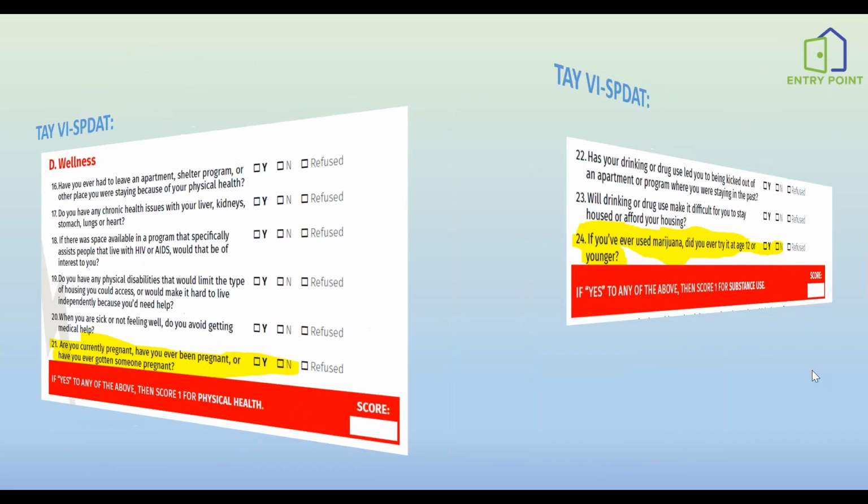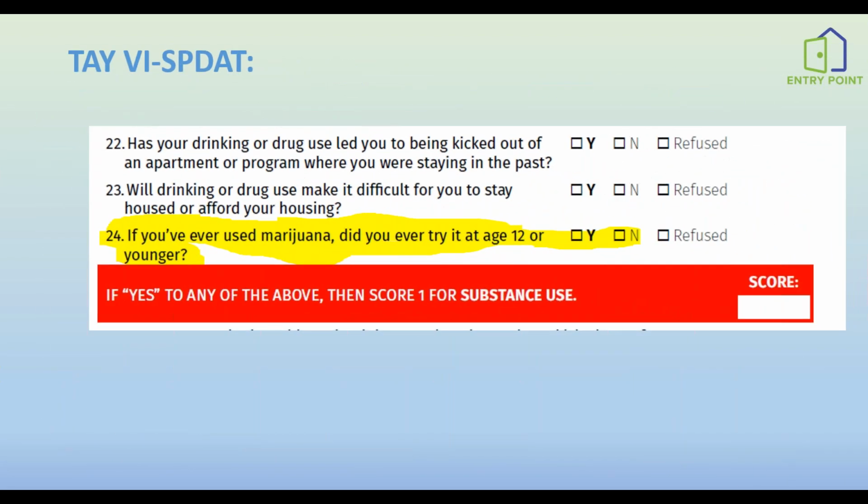There's one more question. If you've ever used marijuana, did you try it at age 12 or younger? Again, we're a harm reduction housing first organization in suburban Cook County. All of our agencies and housing programs must be housing first and harm reduction.